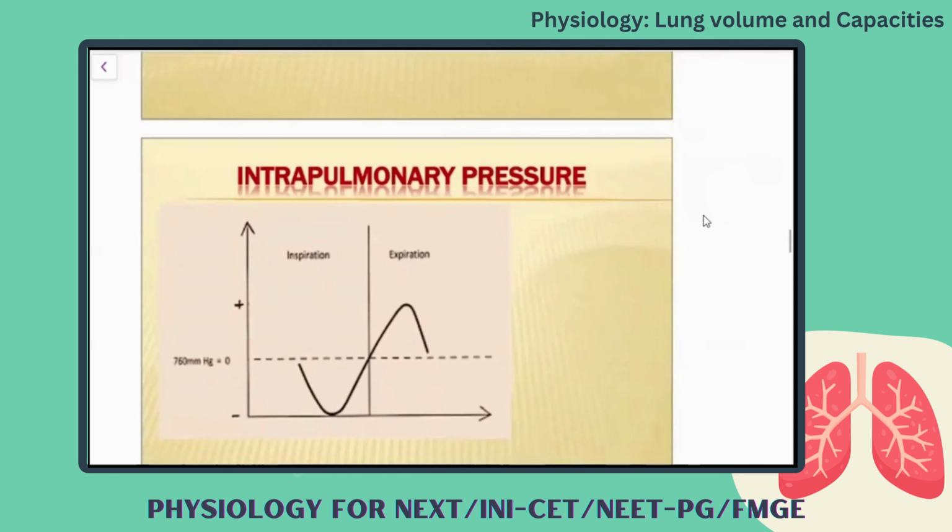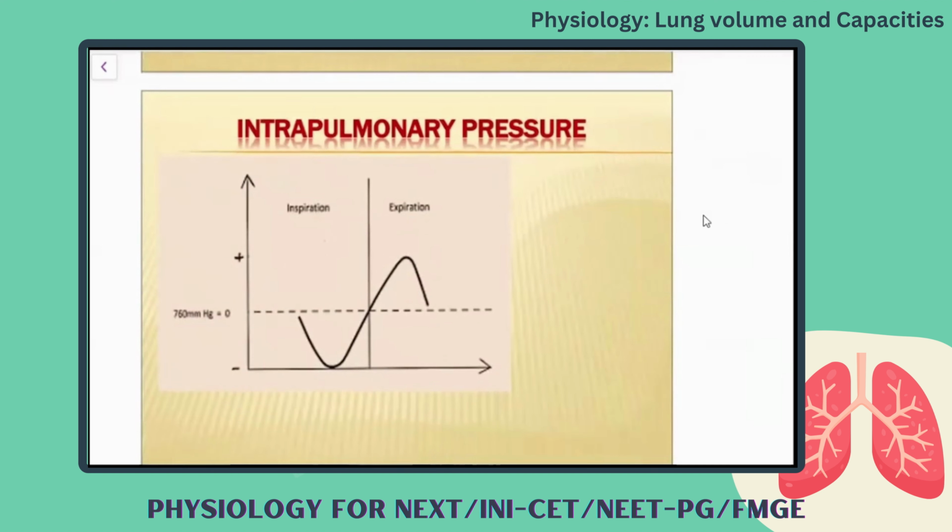Okay, clear? And now moving on to the intrapulmonary pressure. This is going to tell you how the air is moving from the atmosphere into the lungs. So now this intrapulmonary pressure is the pressure inside the lungs.